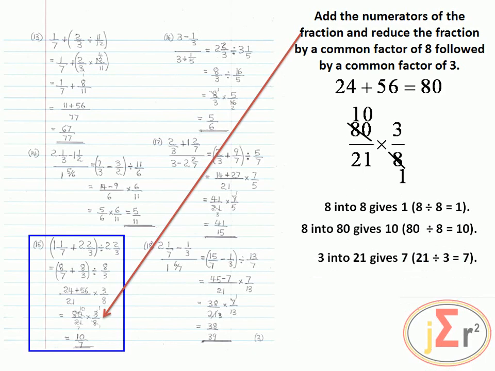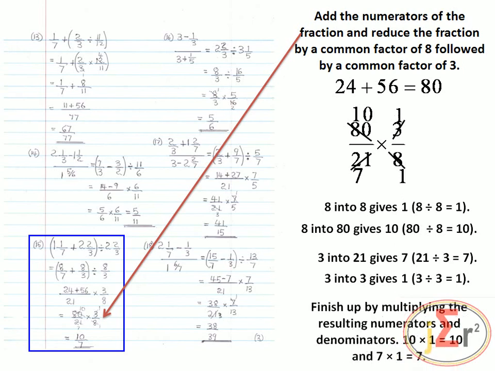Another common factor of 3. 3 into 21 is 7, and 3 into 3 is 1. And we finish up as usual by multiplying 10 ones 10 and 7 ones 7. Well, we predicted that it would have been a small fraction. Not so small, not as small as we imagined.